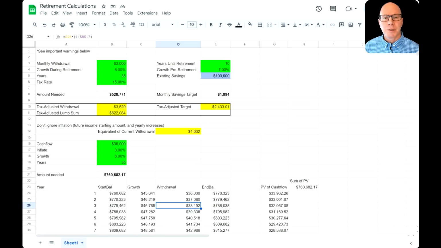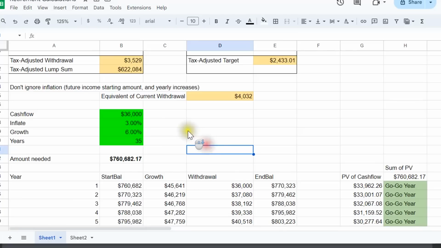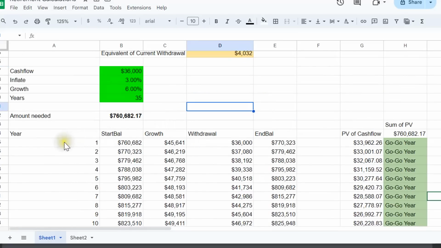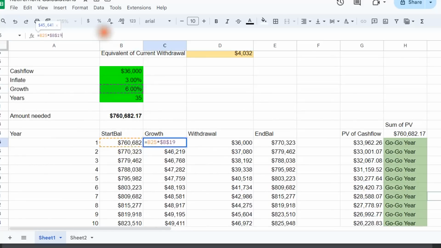So that brings us to our next method, which is spreadsheet cash flows. We've got an example going already of a spreadsheet cash flow down here at the bottom. So we can say in year one, you might start with a given balance. Then we assume some rate of return. In this case, it's 6%. But of course, you can just, with a couple of taps, change that to any number you want.